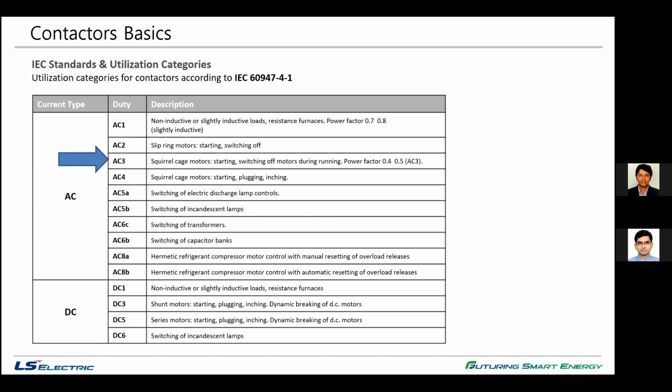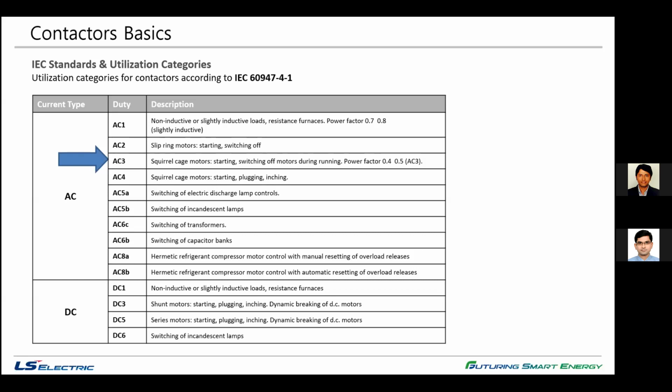Now another important thing is the utilization category. The contactor complies with the IEC standard 60947-4. Utilization categories are very important: depending on the application, we have to decide the contactor duty. Normally we use contactors for squirrel cage motors, so we have to provide an AC 3 duty contactor for squirrel cage AC motors.